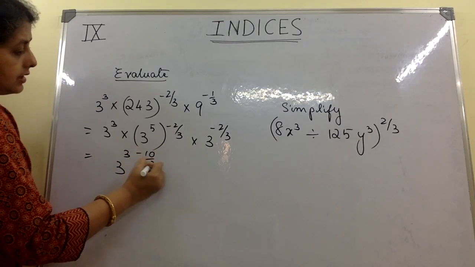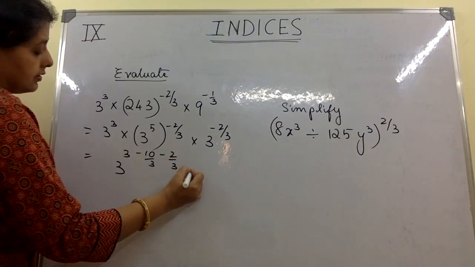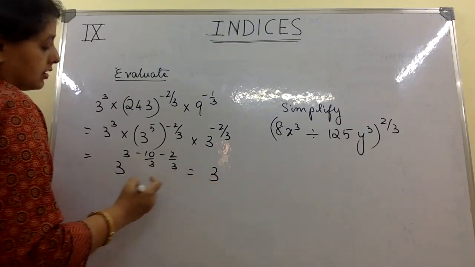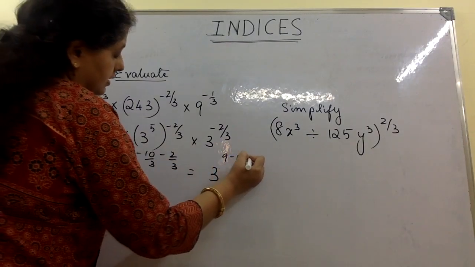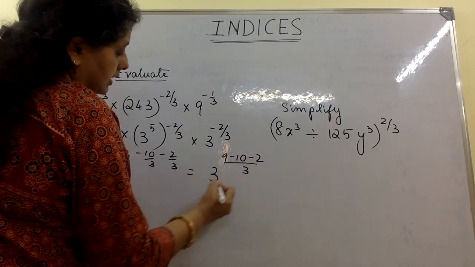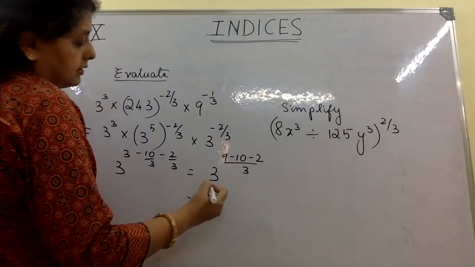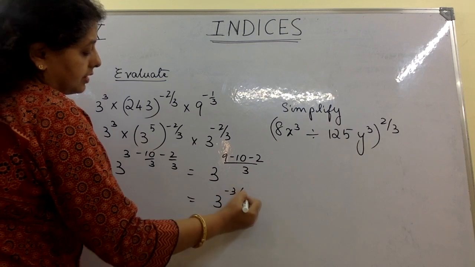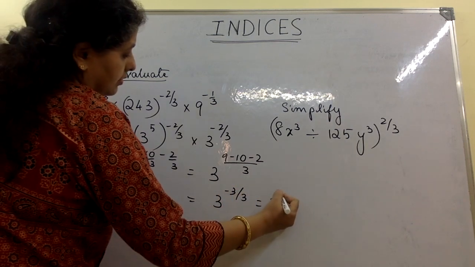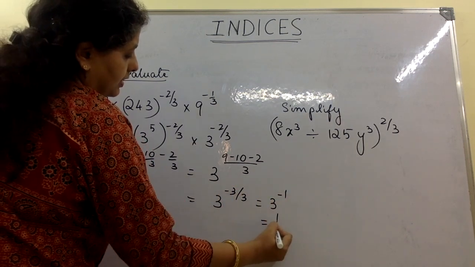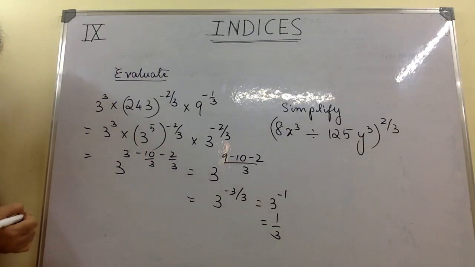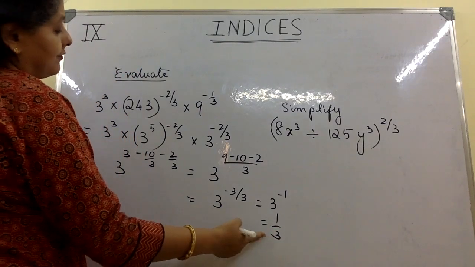Minus 10 by 3 minus 2 by 3, which is 3 to the power of 9 minus 10 minus 2 by 3, which is 3 to the power minus 3 by 3, 3 to the power minus 1, which is 1 by 3. So this is the final answer.